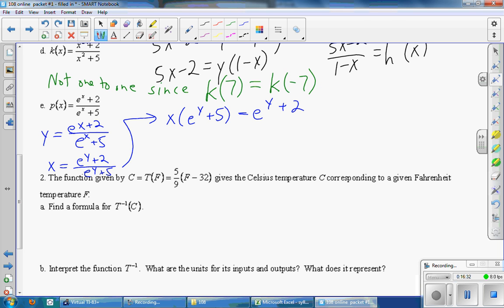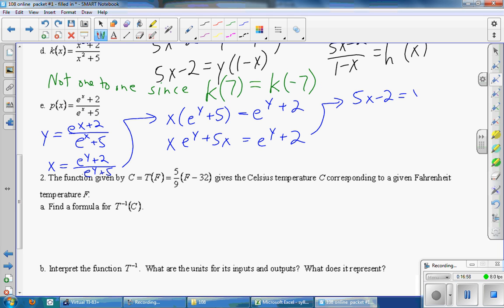We'll distribute on the left-hand side. We'll group all the terms with y in it on the one side and everything without y in it on the other side. What are we doing here?